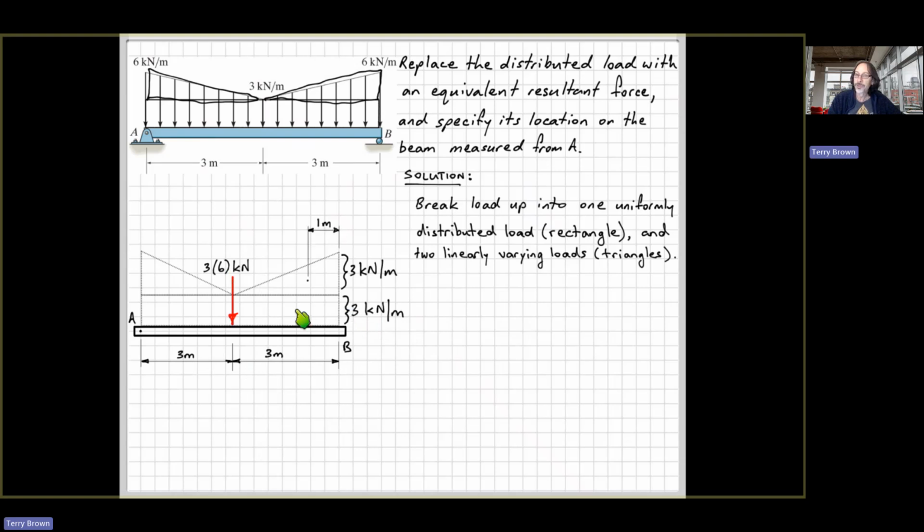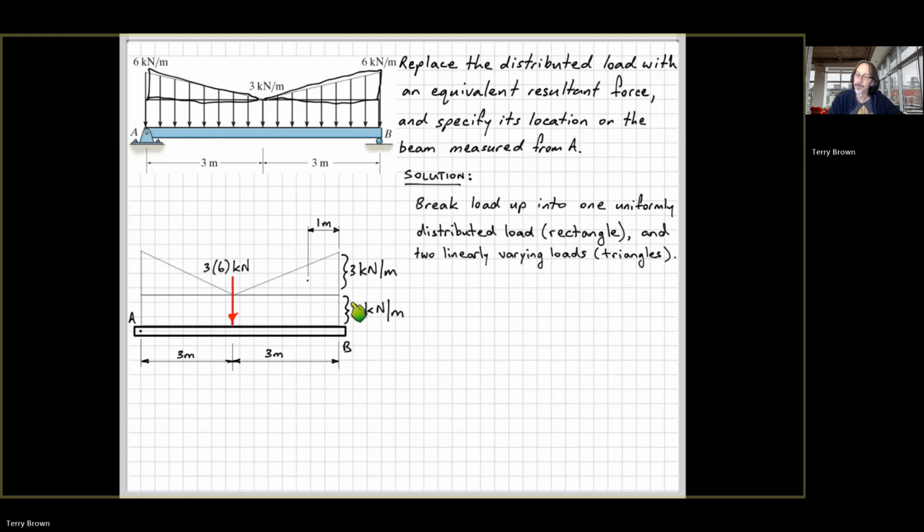Then for our triangular areas, the force will act through, again, the centroid of the shape. And for a triangle, the centroid is 1/3 along the length of the triangle. We want the position in the horizontal direction, so that will be 1/3 of this length.